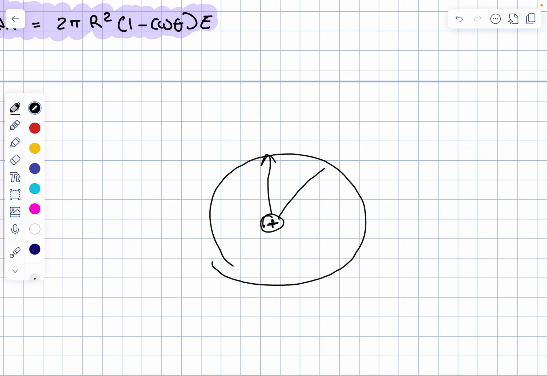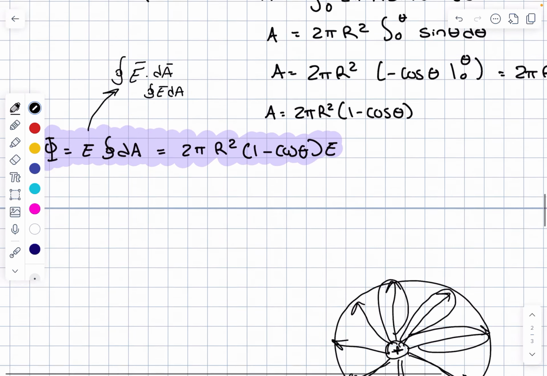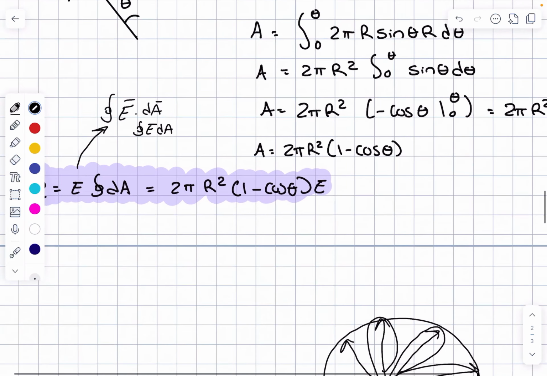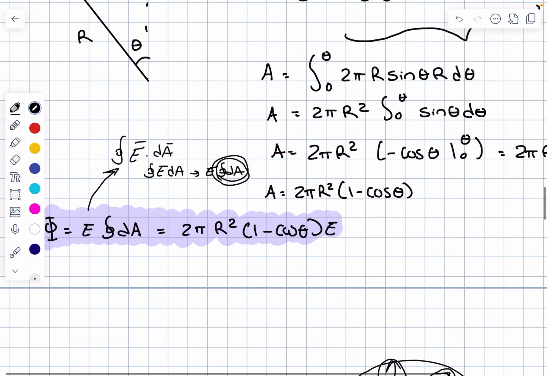So it's all pointing radially outwards with the same magnitude everywhere. That is what lets us go from this to E dA. And this here is just our surface area, which we've already calculated. So then our flux is going to be our electric field times our surface area.